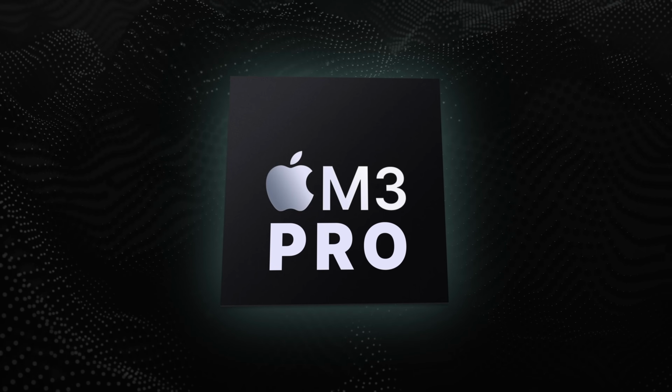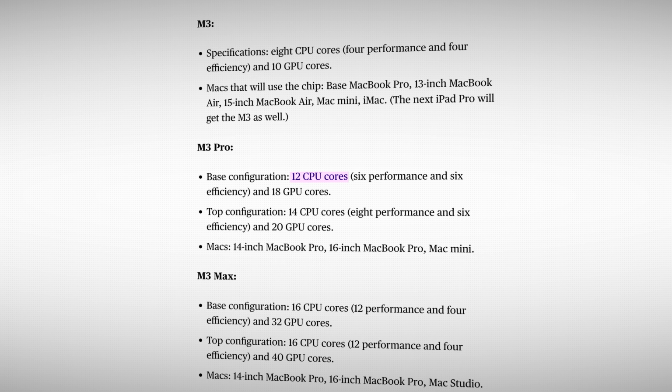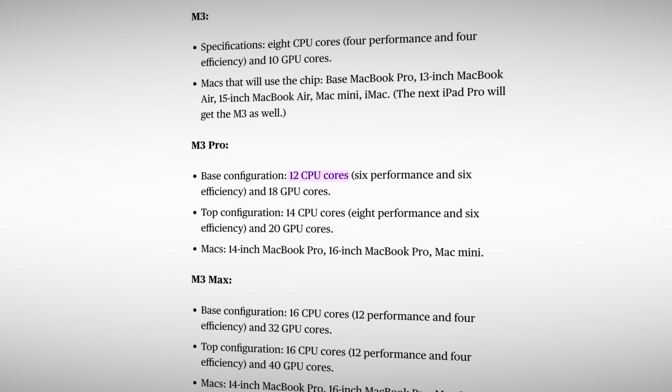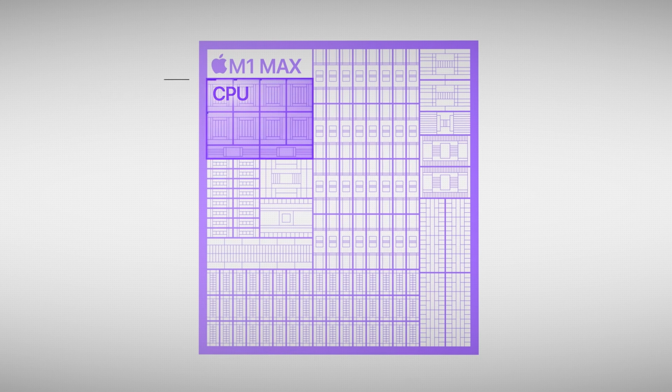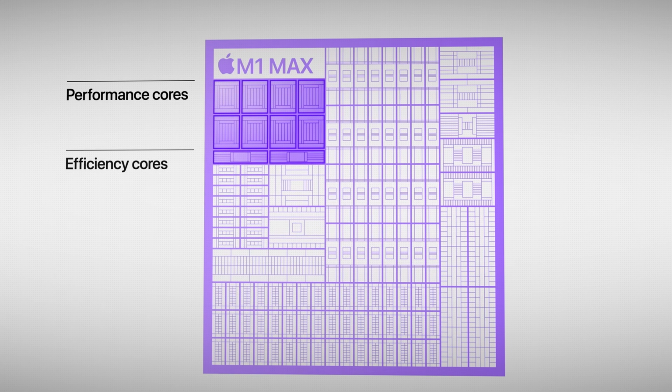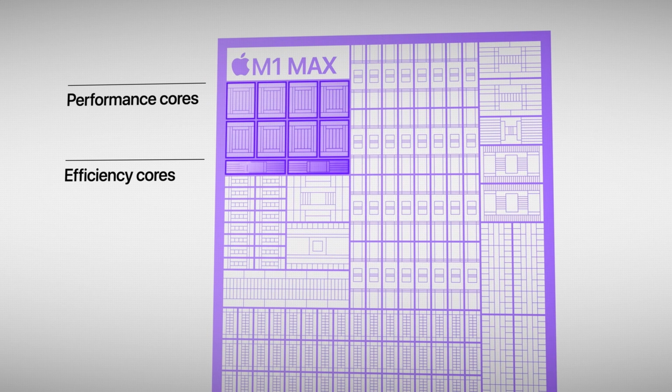Looking at the M3 Pro chip, for example, Mark Gurman expects the base model to ship with 12 CPU cores, up from 10 on the M2, and 18 GPU cores, up from 16 on the M2. And if we're already getting an extra 20% more performance out of each individual core, and then we add several more cores on top of that, I'm pretty excited to see how this is going to impact real-life workflows.